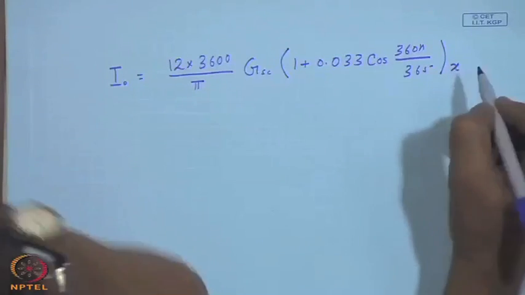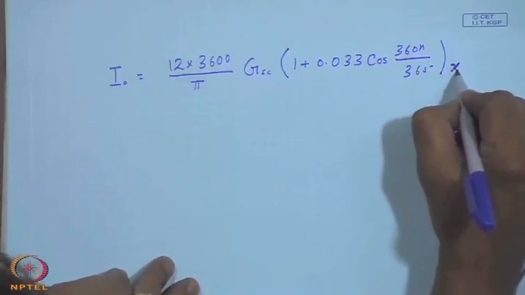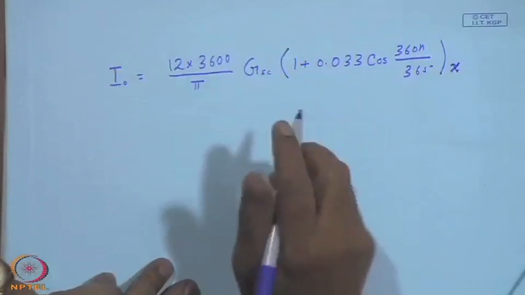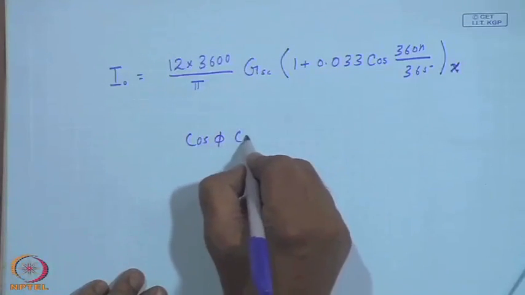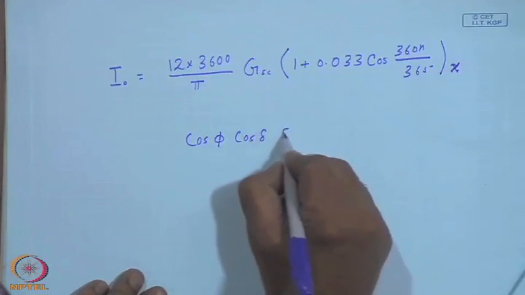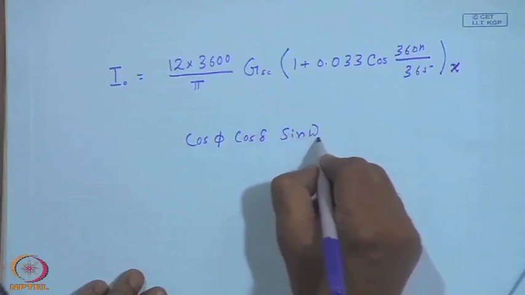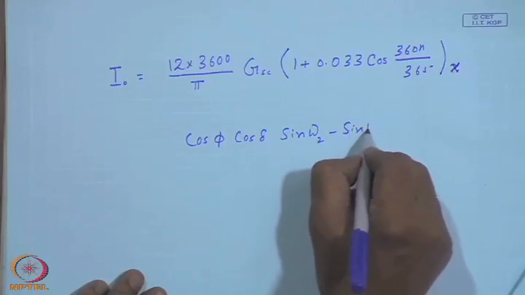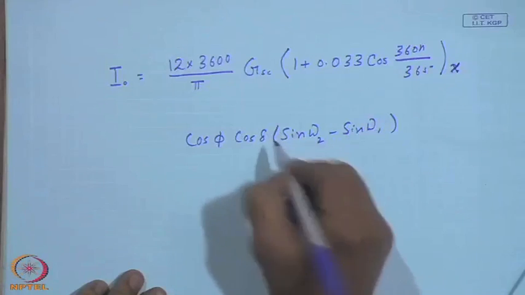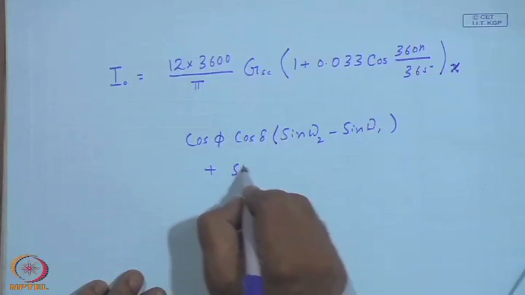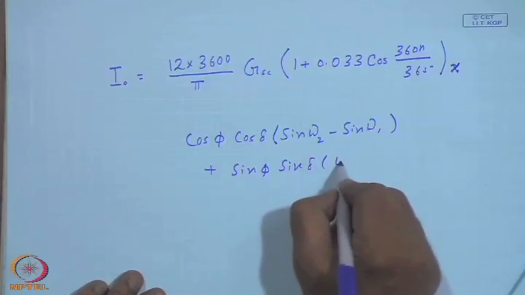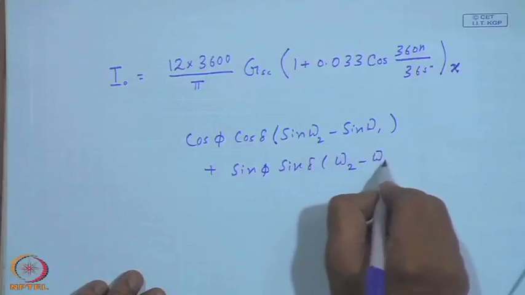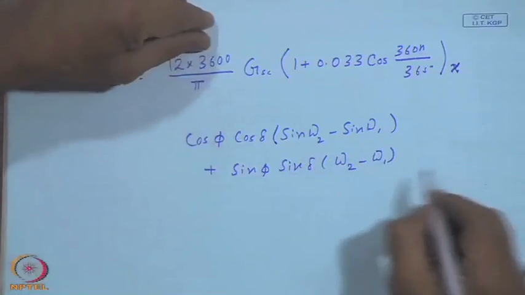This x is a multiplication symbol because it is split into two parts, not x. So, this is the expression.